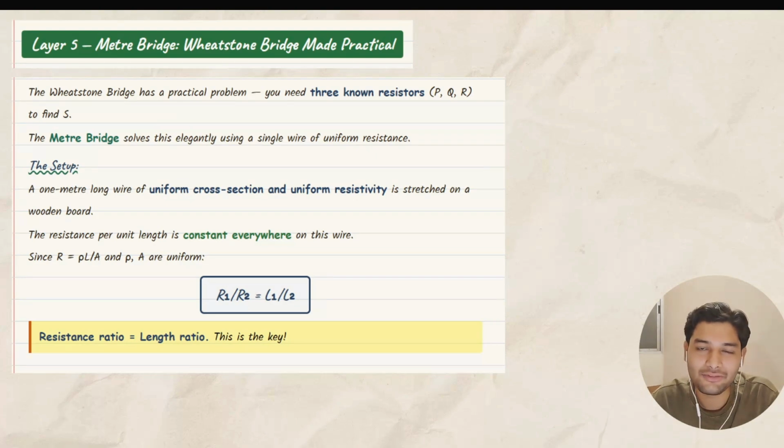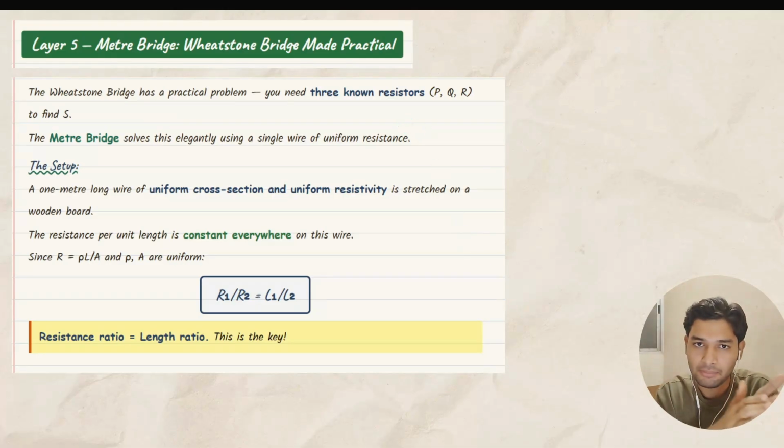As we were building up the topic of Ohm's law in class 9 and 10, how do we start? We first learn about resistance, current, potential, then Ohm's law, then resistivity, then conductance, and many other things. This is the same. First we read about the Wheatstone bridge, then the Metre bridge.